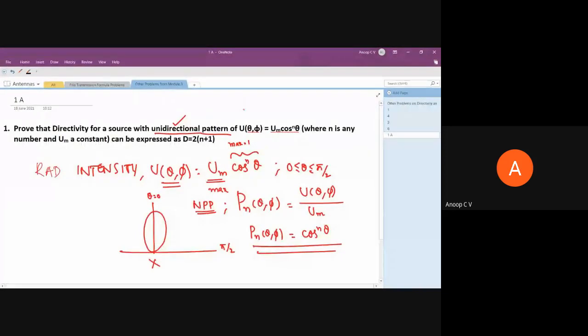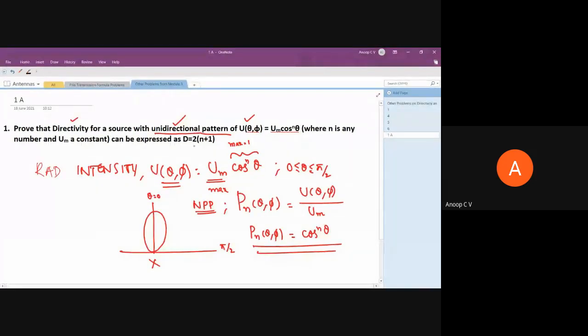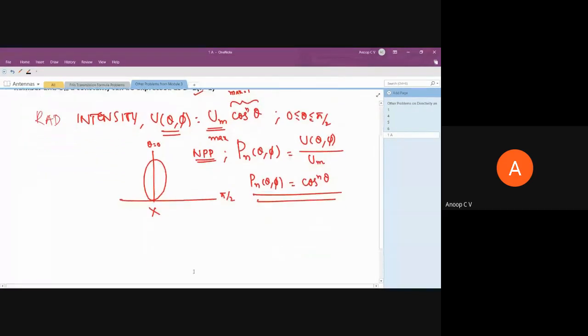So the normalized power pattern is cos power n theta. Radiation intensity is given, and from that we can easily find the normalized power pattern. What we need to prove is that directivity is equal to 2n plus 1. The directivity of such a generalized pattern can be represented as 2n plus 1.